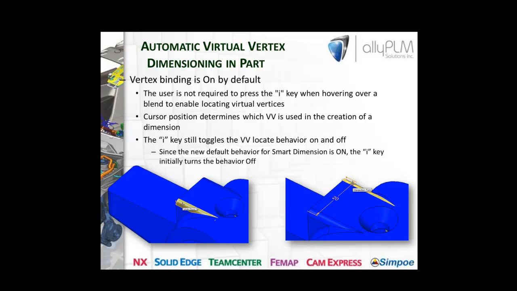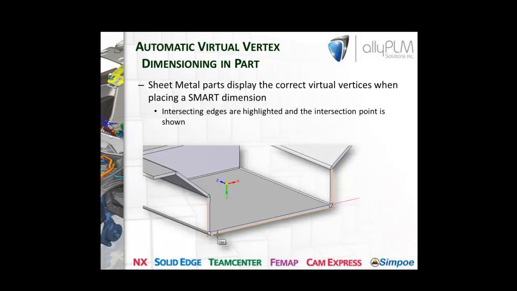In ST4 it's on by default, and you can always toggle between different points by pressing I on your keyboard. Also, if you are in a sheet metal component, it automatically detects the theoretical point. As you can see here, if you highlight this edge, it automatically gives you the dimension from the theoretical intersection point. So that behavior is also consistent on sheet metal components.